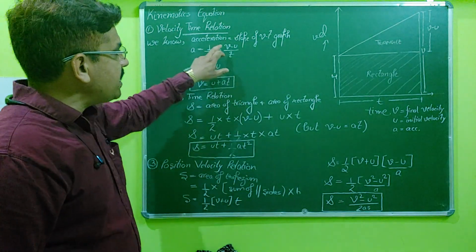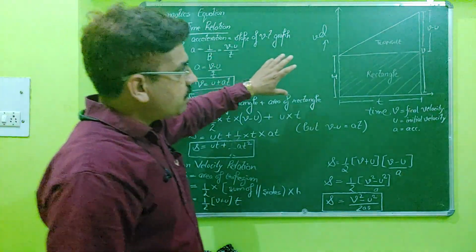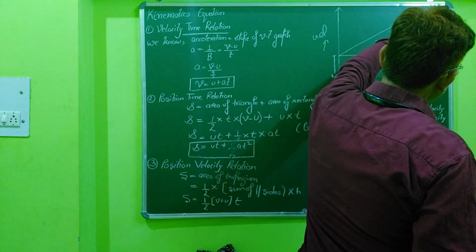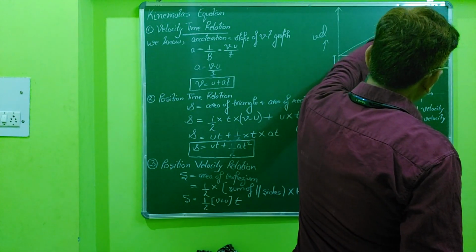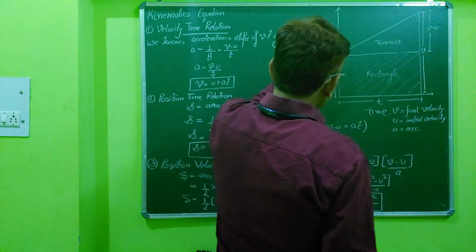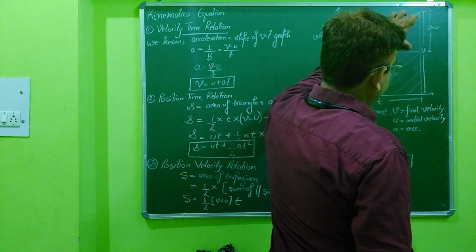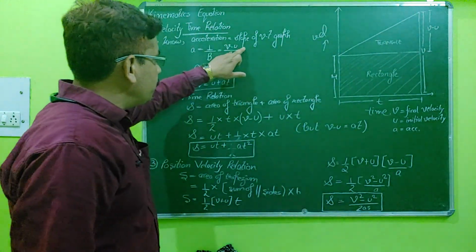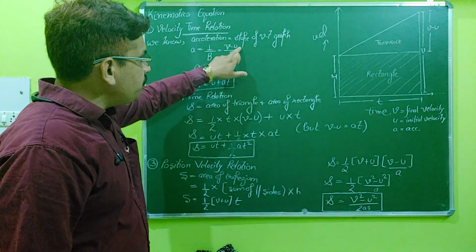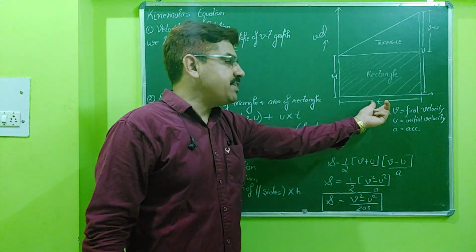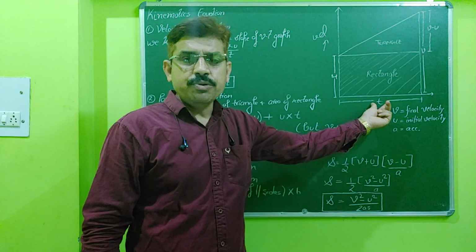Slope is perpendicular over base. So what is the perpendicular in this part? Because this part is uniformly accelerated, the perpendicular is this one. So this is the perpendicular, that is v minus u, because the final velocity is v and the initial velocity is u. So v minus u over t, where t is the time in which the velocity changes from u to v.